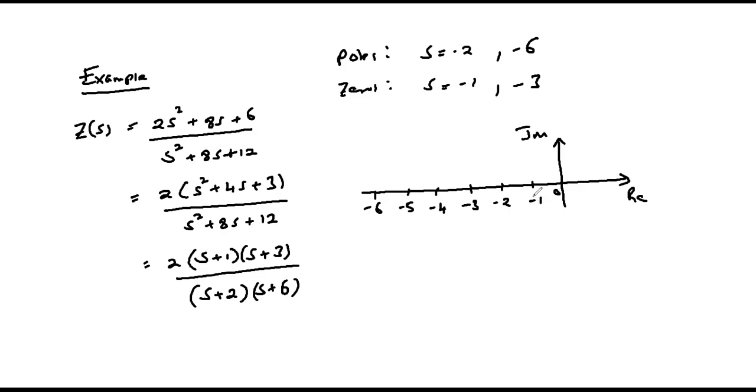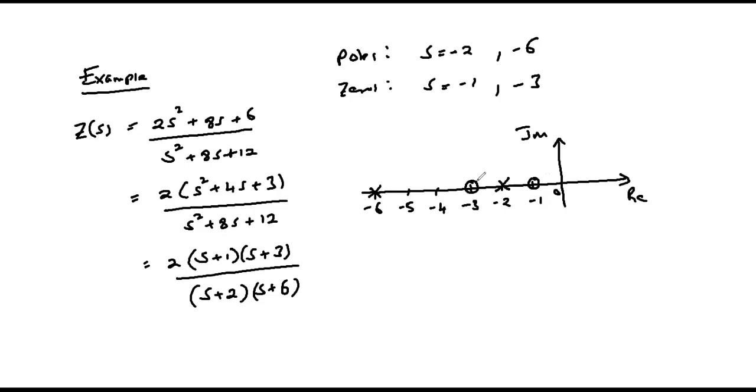We have the poles at -2 and -6, and zeros at -1 and -3. You notice that all the poles and zeros fall on the negative real axis and interlace: a zero, a pole, a zero, a pole. Property number 1 is met.